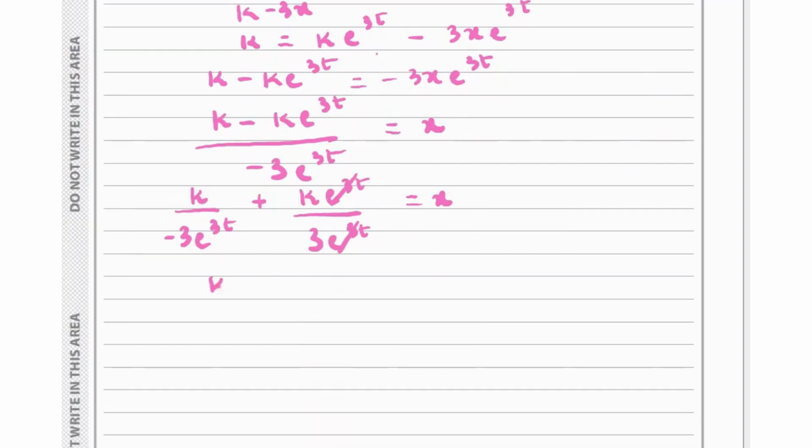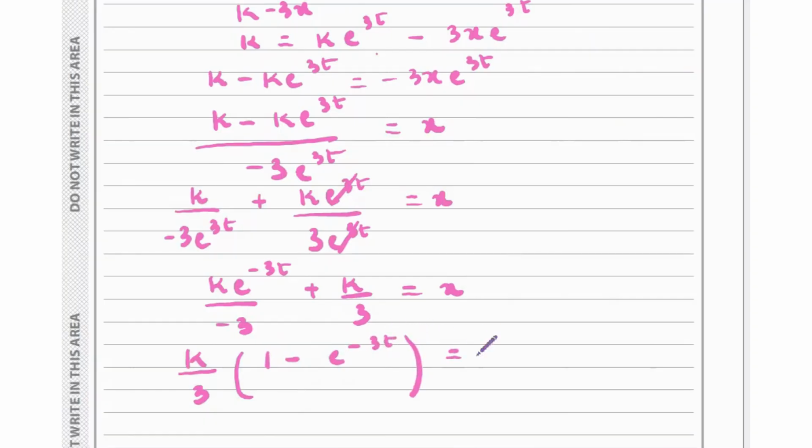And we can write this as k times e to the power of negative 3t over negative 3 plus k over 3. So if we take k over 3 common, that becomes x equals k over 3 times 1 minus e to the power of negative 3t. So this is your fully simplified version.